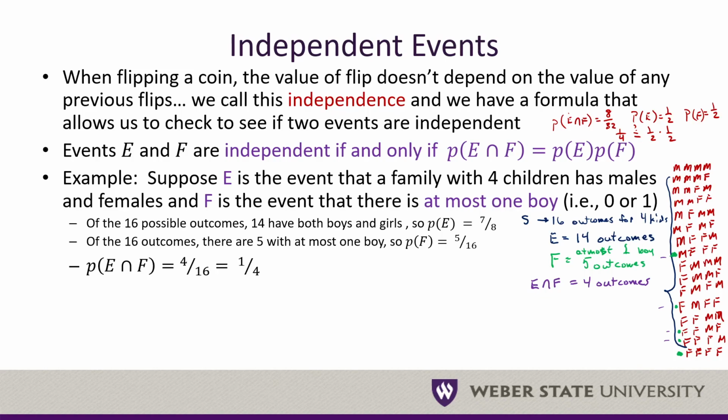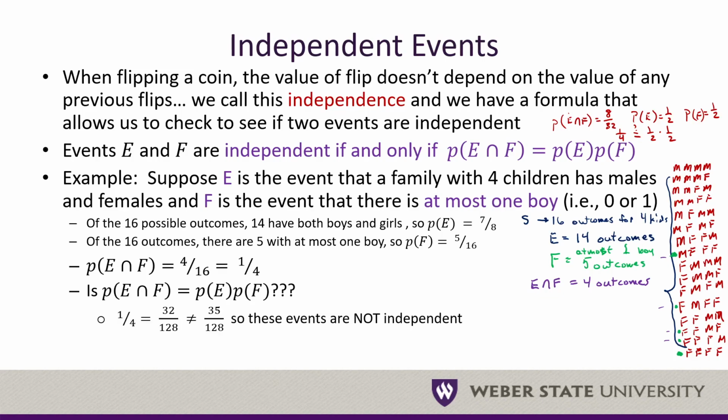So we can say that the intersection is 4/16, 4 outcomes, or 1/4. The question is, if those are independent, then the probability of E times the probability of F will equal the probability of the intersection. Are they independent events, having at most one boy and having both males and females, boys and girls?